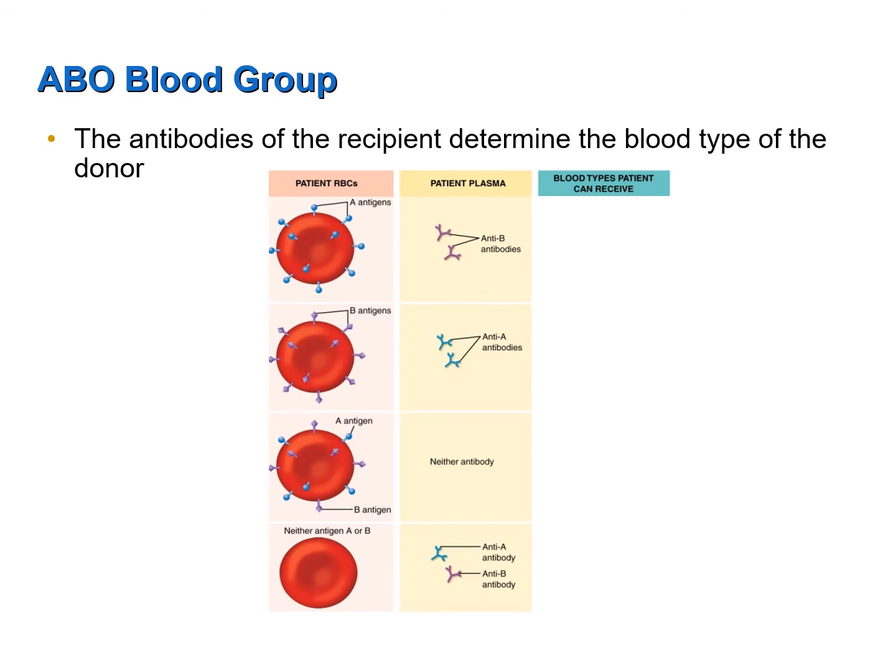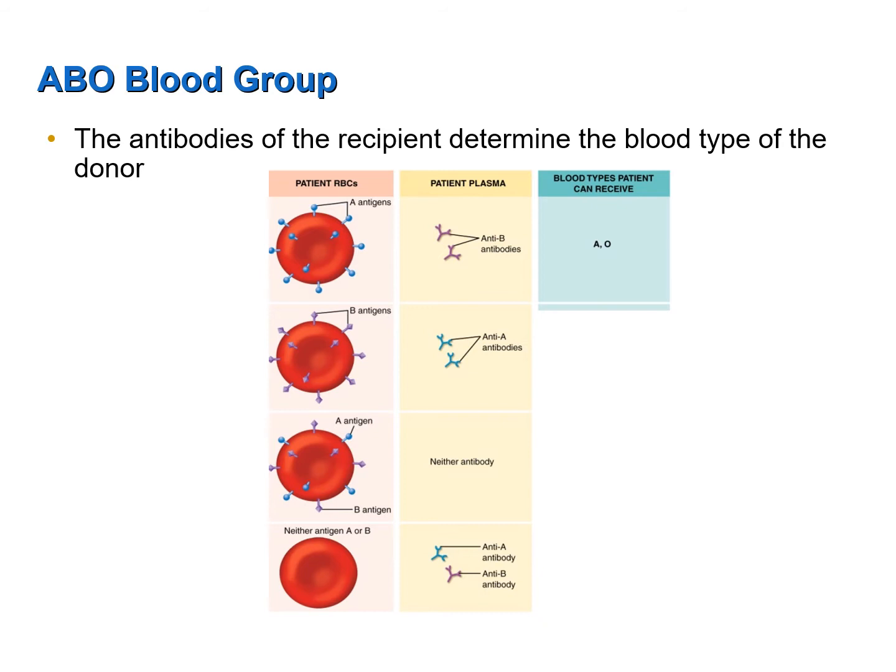Again, the answer is no, because they have anti-B antibodies and they will attack the B antigen on the blood cells of an AB blood donor. So patients with A blood can receive type A blood and they can receive type O blood. Type O blood does not have the B antigen, so it would not be attacked by the anti-B antibodies of a recipient with type A blood.